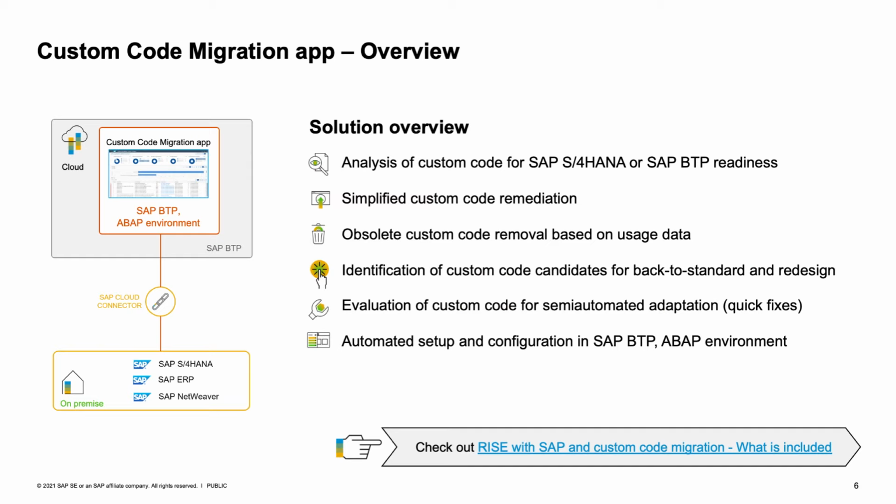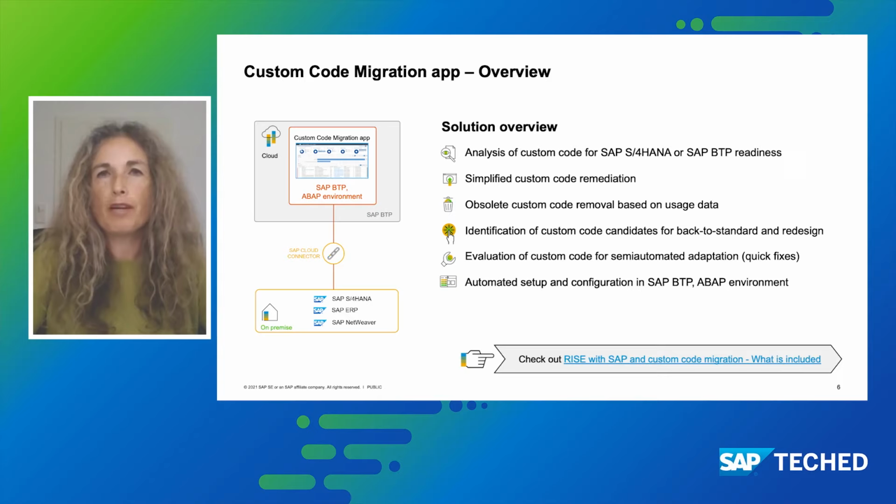Custom Code Migration app analyzes your custom code for SAP S/4HANA or cloud readiness depending on your custom code migration project. It supports simplified code remediation and also is capable to detect the unused code and drive its removal based on the usage data. The app can identify complex custom code developments as future candidates for redesign and various back-to-standard activities.